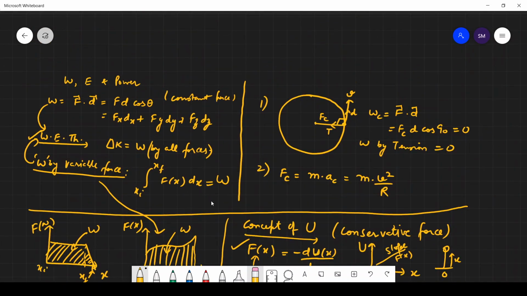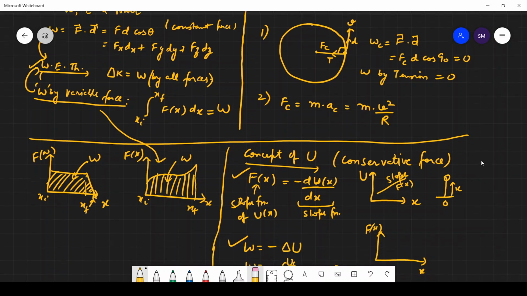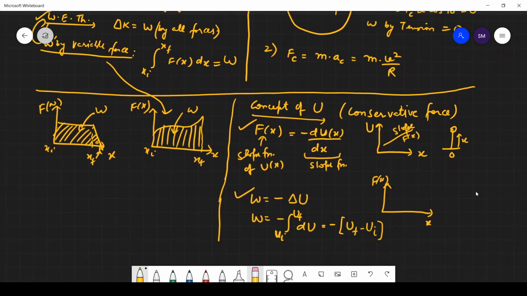So work energy theorem is for all the forces, whether it is friction force or any force, whether it is conservative or non-conservative. But the concept of potential energy is only for the conservative force. These formulas are only for the conservative force.